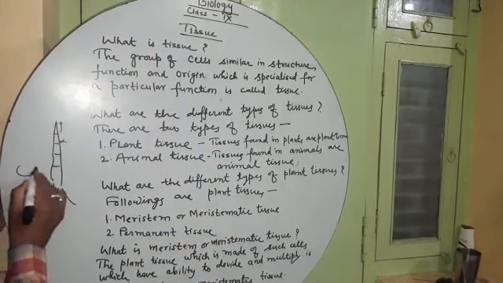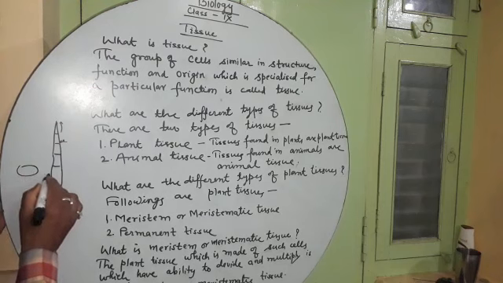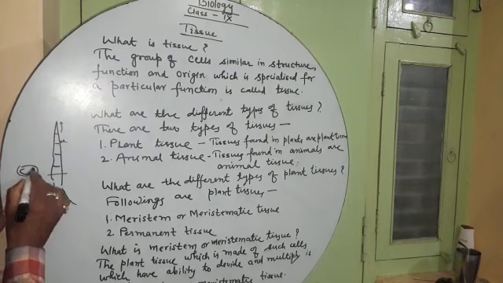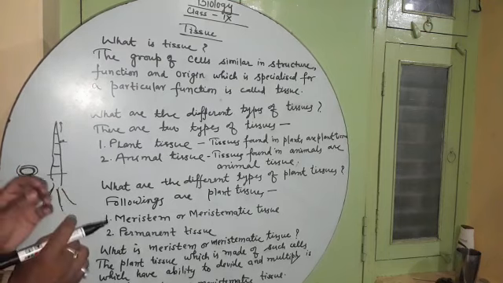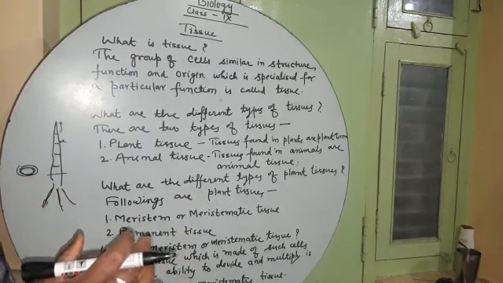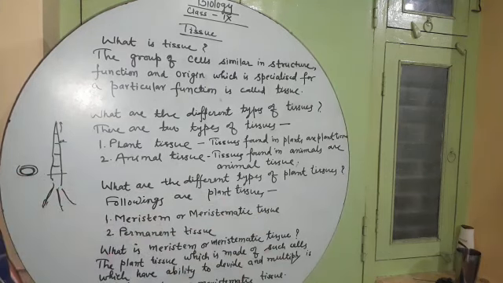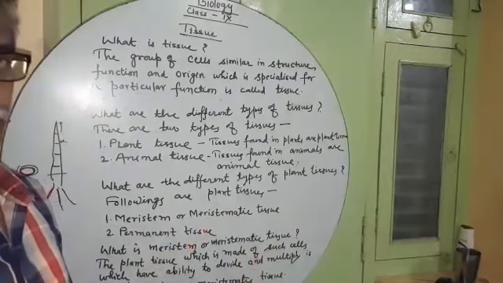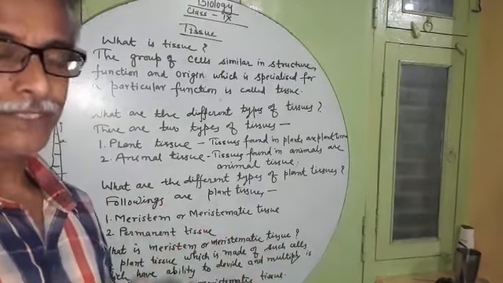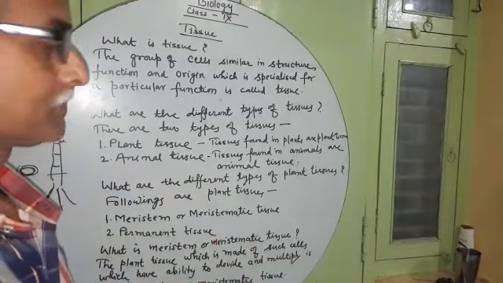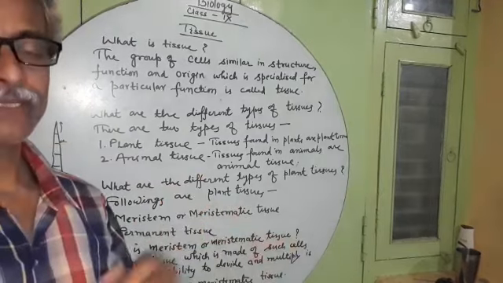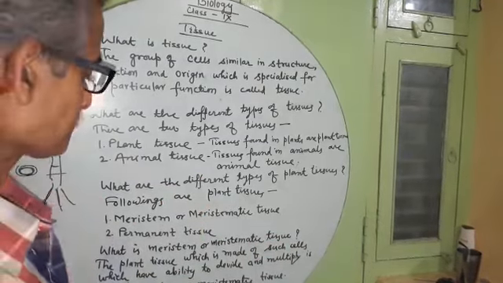When we cut it, we find such a section and find that there are certain regions where growth takes place and thickness increases. So all those parts where growth takes place in a plant, there meristeme or meristematic tissue is found.